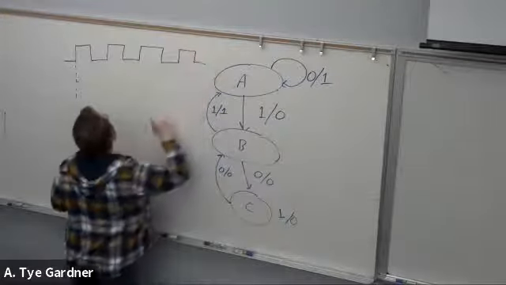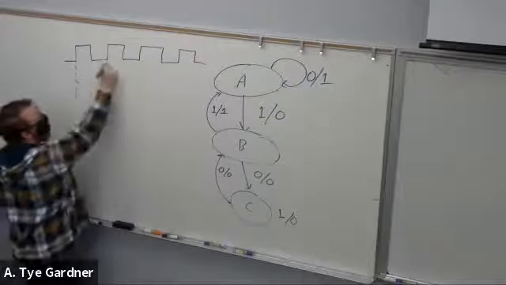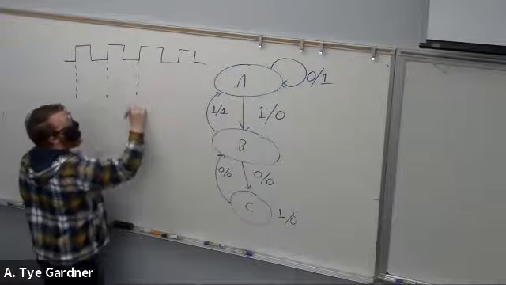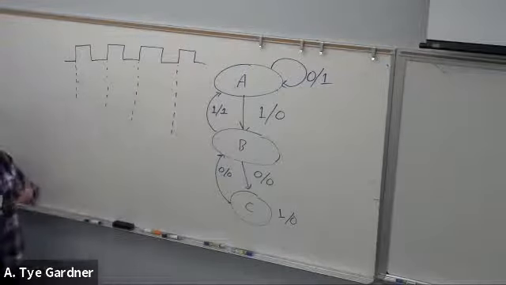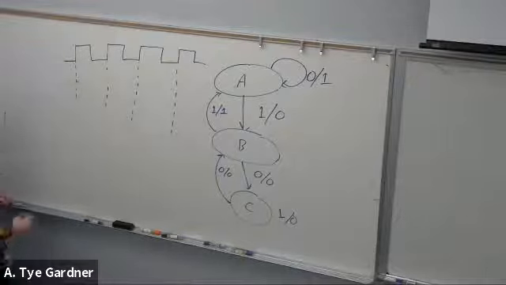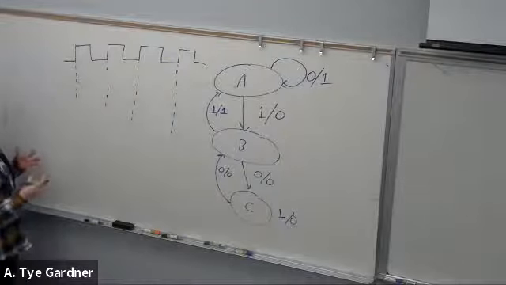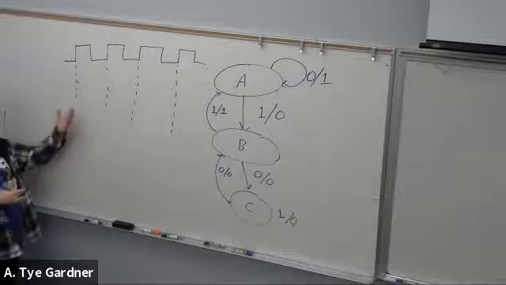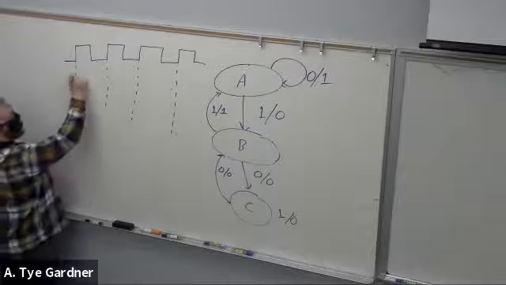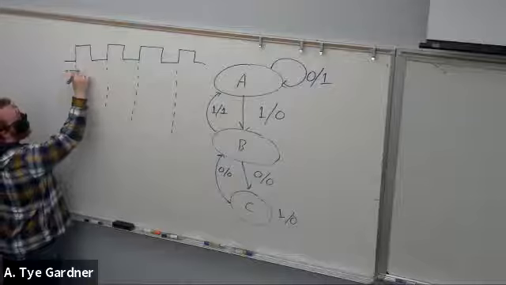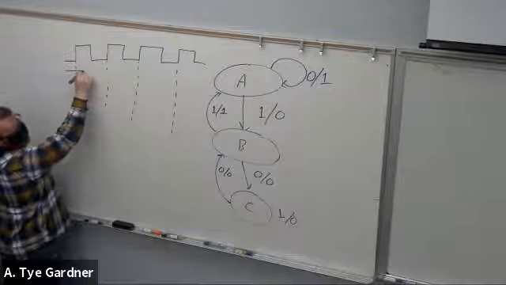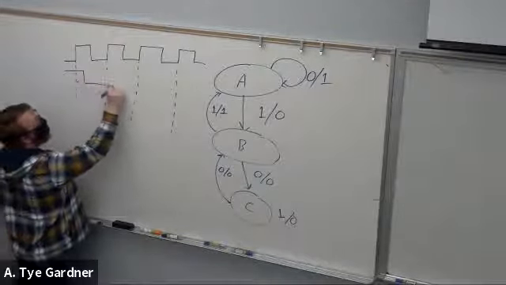So here's a clock. And let's say that it has a stream of inputs coming in, and I'm going to offset the input bits by half a clock period, so it's easy to see. So we're going to go ahead and give it a 1, 0.